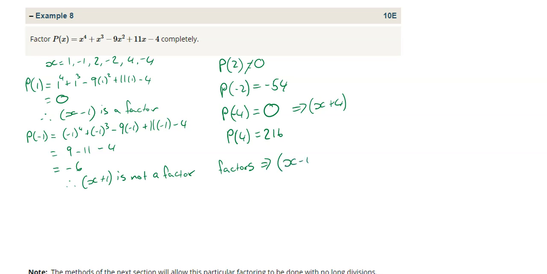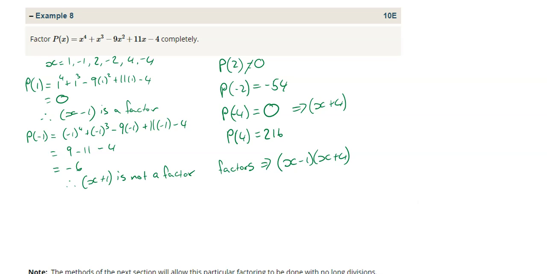So we've got x minus 1 and x plus 4. Well, I think what we have to do here is a long division using that as our factor. Yeah, it is x. Thank you, it is.